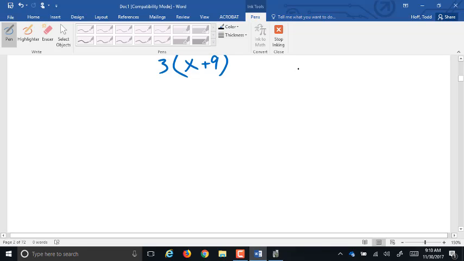Many times we'll have formulas that'll help us out with these. For example, one formula I have is the perimeter of a rectangle is 2 times the length plus 2 times the width.